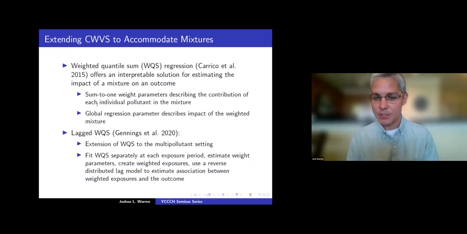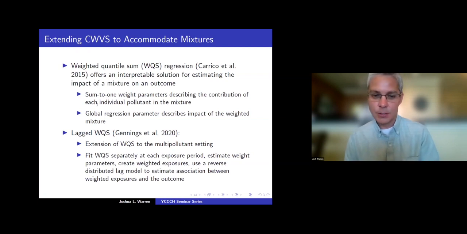So you have these sum to one probabilities or proportions, between 0 and 1, that describe the role of individual pollutants. And then you have this global regression parameter that describes the impact of that mixture, as defined by those weights, on the health outcome. So it does a little two-stage process to estimate weights and then the global regression parameter, not important for this talk.